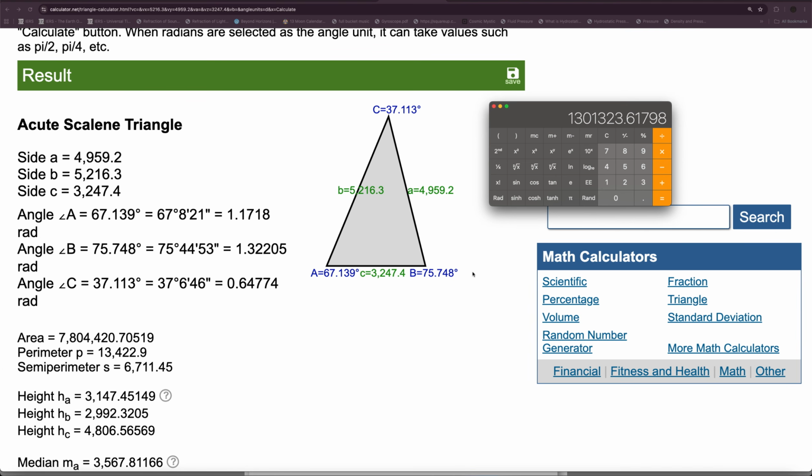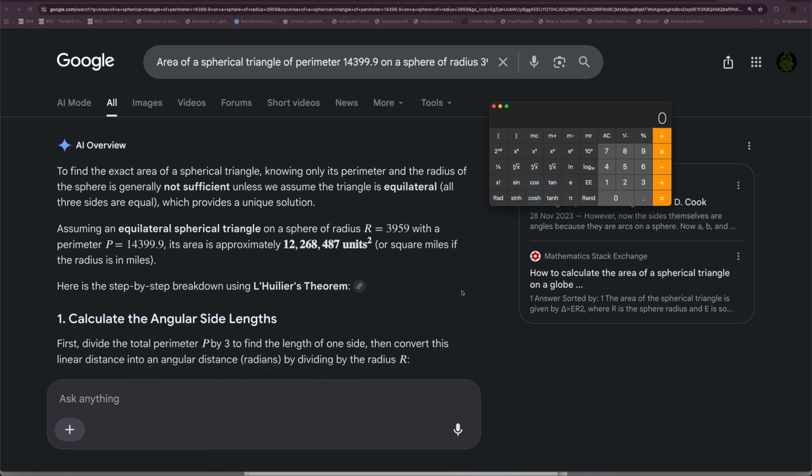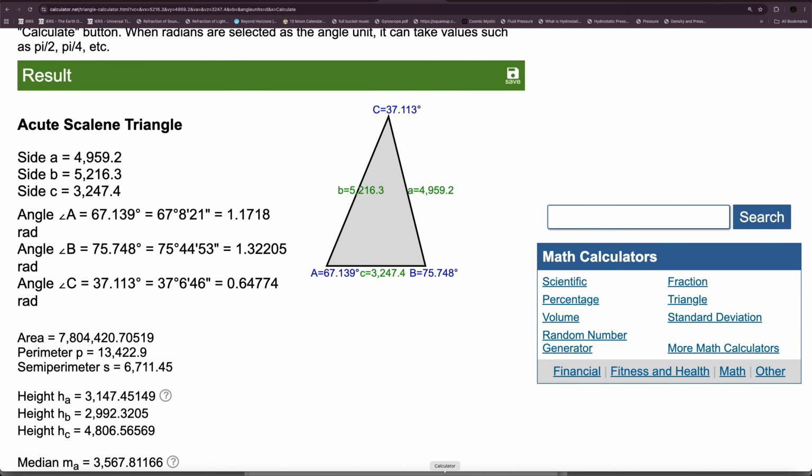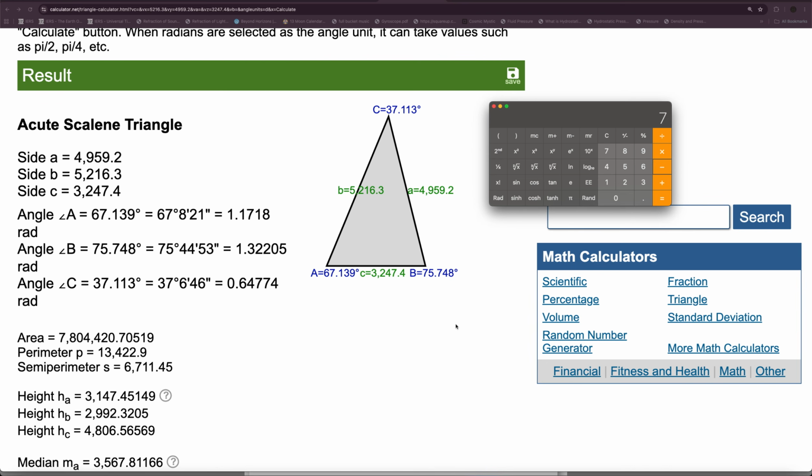So this is 12,268,487 minus 7,804,420.70519 equals 4,464,066.29481 added square miles of area.